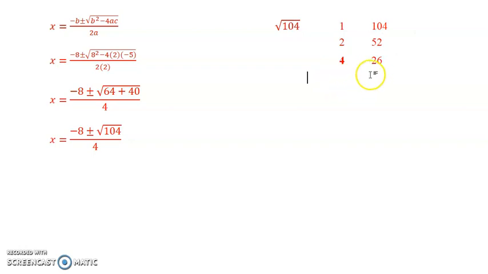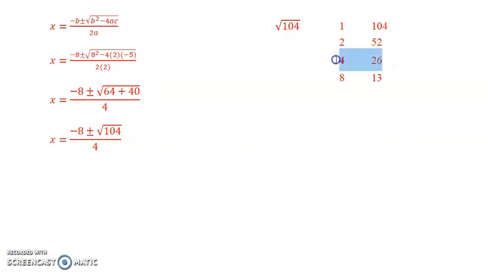See if there's any more though. We keep continuing. 5 is not a factor. 6 isn't a factor because 3 wasn't. 7 doesn't work. 8 and 13 would be factors. Neither are perfect squares. 9 is not a factor, and obviously it's not 10 because it's 10 decimal 2-ish. So those are the factors of 104.